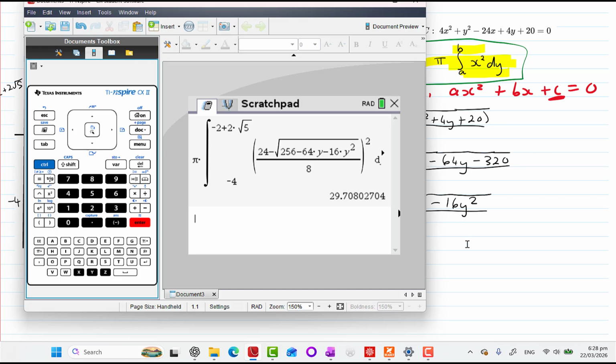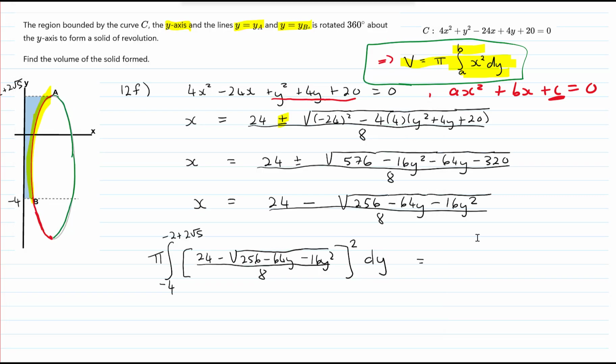So we can write that down. So this is equal to 29.708, etc. And therefore, to three significant figures, we can say the volume is equal to 29.7. Generally, you don't need the units, but it's going to be units cubed, whatever these units are.